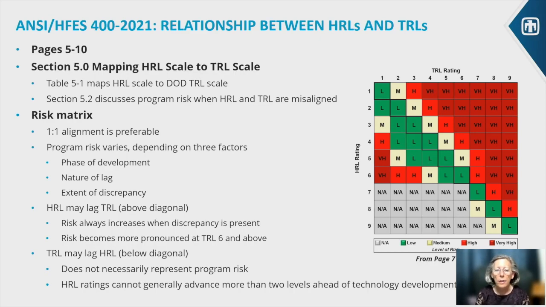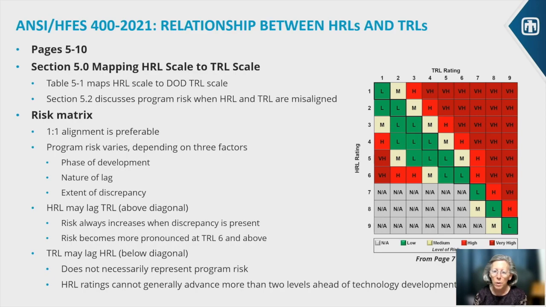So if you take a look at the blocks above that diagonal, that's where the HRL lags the TRL. And you can see at first, if we're at a TRL 2 and the HRL is only a 1, not that big a deal.